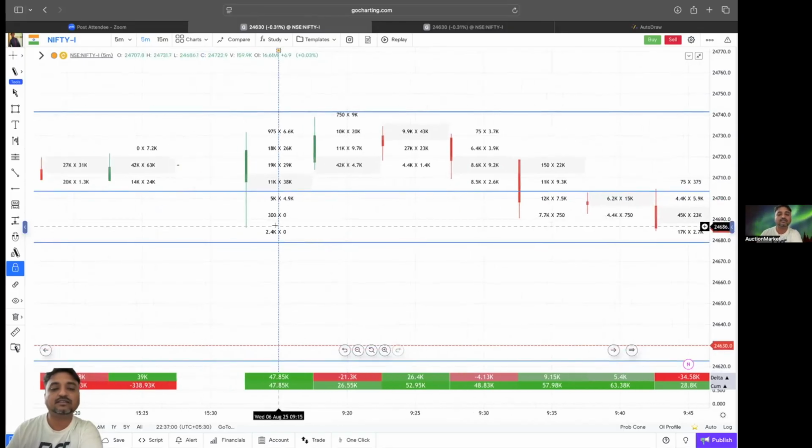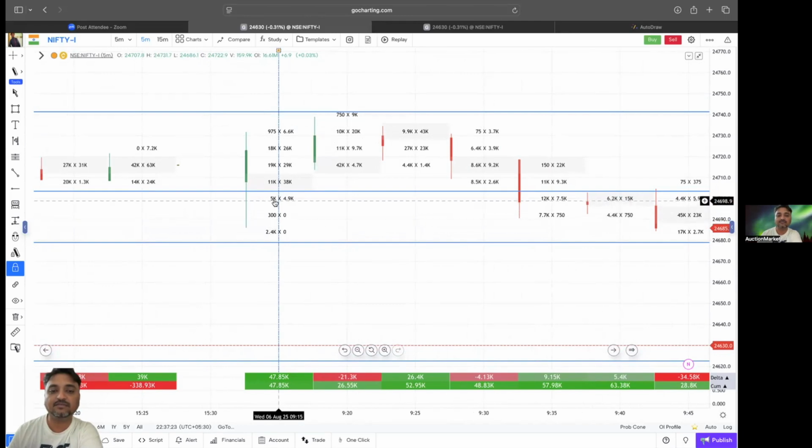So how do you read this cluster chart? The left-hand side you can consider as the sellers, and the right-hand side as the buyers. Here you can see when the market opened, initially there were 2.4k sellers and zero buyers for that particular price.